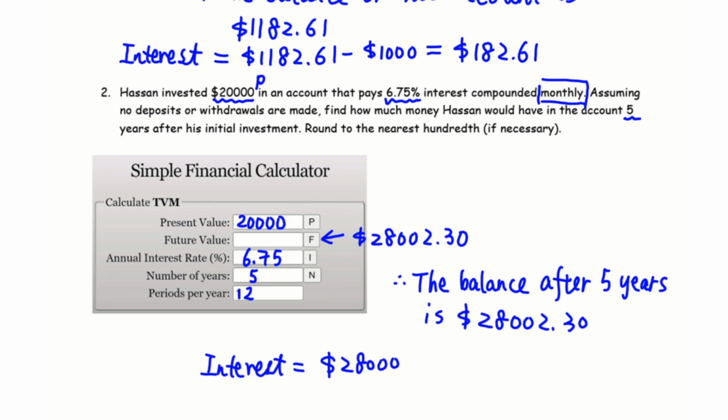Now he has $28,002.30. The actual money, take away the 20,000, is from the interest. So now you will see $8,002.30 is interest earned. So it is very important that you keep the money in the account for a longer time. Then you will have more interest earned. So thanks for watching.